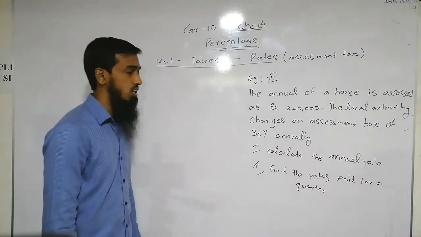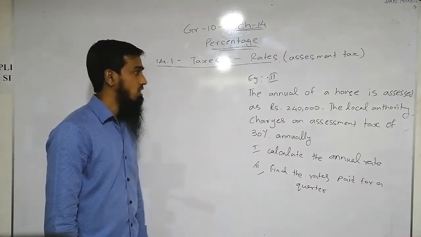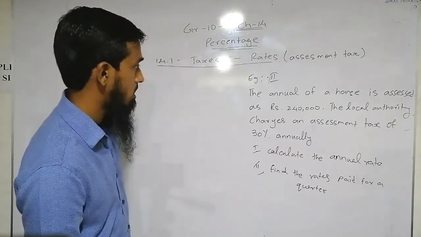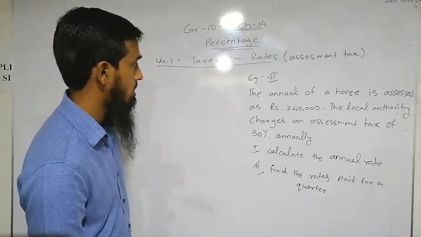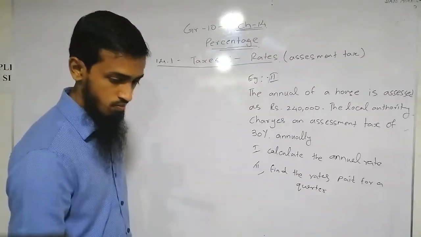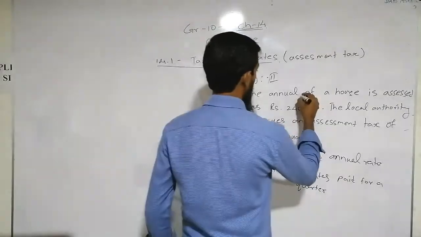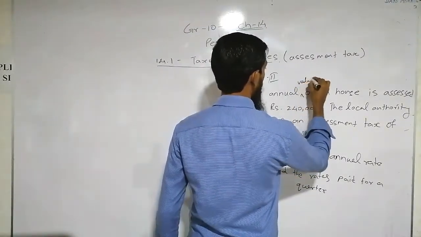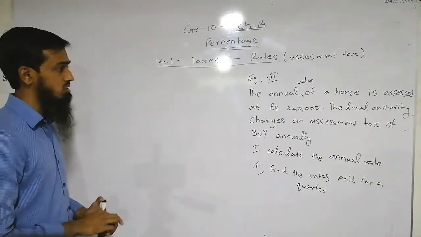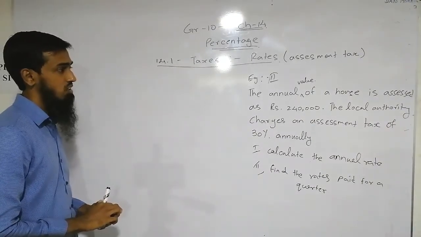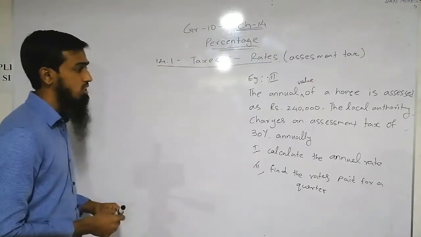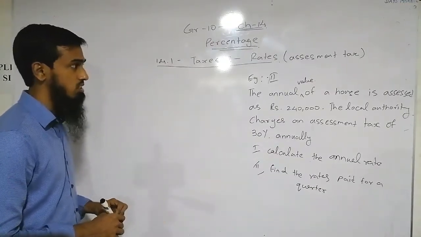Okay students, we have the second example here. The annual value of a house is assessed as rupees 240,000. The assessed value is 240,000. The local authority charges an assessment tax.